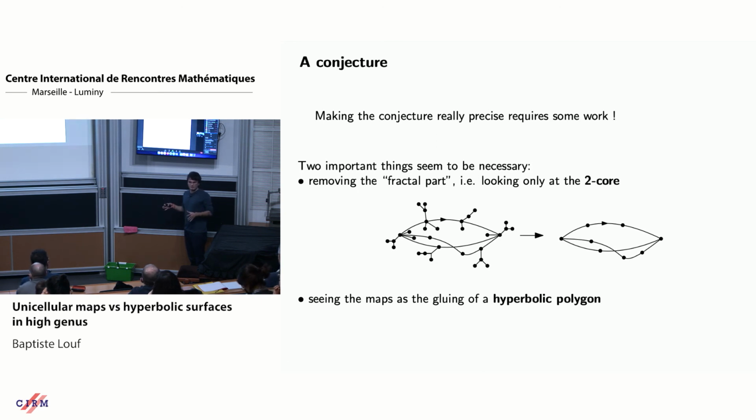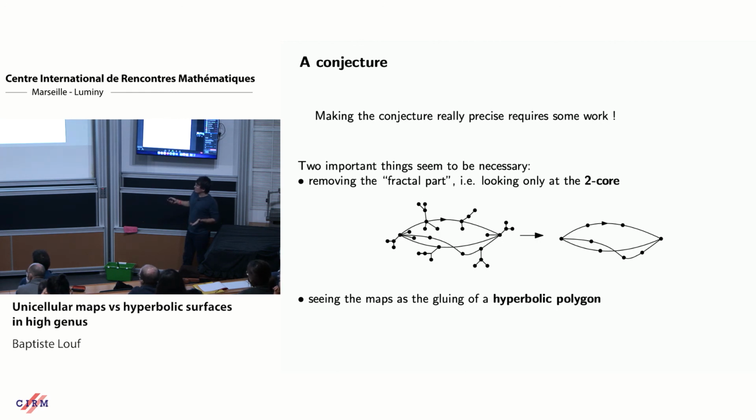The dangling trees are the fractal part, the Brownian bit of our maps. The problem is that hyperbolic surfaces are very smooth, with constant curvature, and as you have seen, for instance, in the pictures that Jeremy showed us, maps are anything but smooth. So you need to get rid of this fractal part.